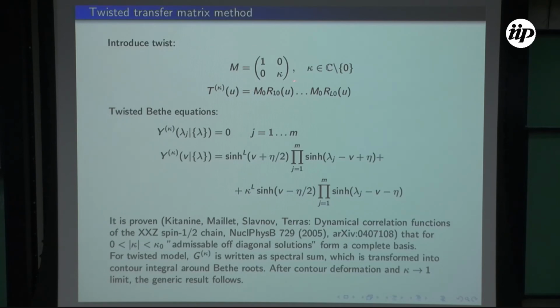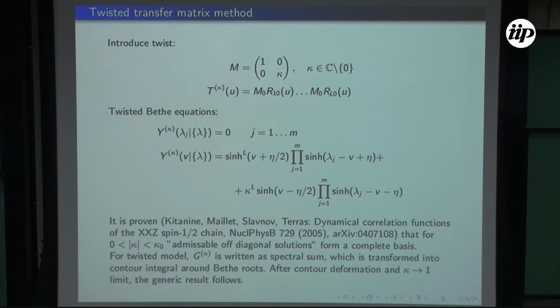You can introduce this diagonal twisting matrix M, a diagonal matrix with matrix elements kappa, where kappa is a non-zero complex number, and then you build up your twisted matrix so that between every R matrix you twist the auxiliary space with this operator, the matrix M.